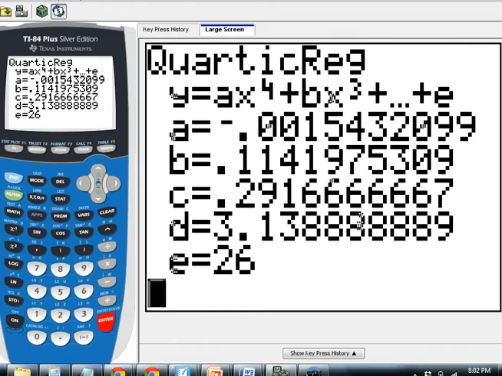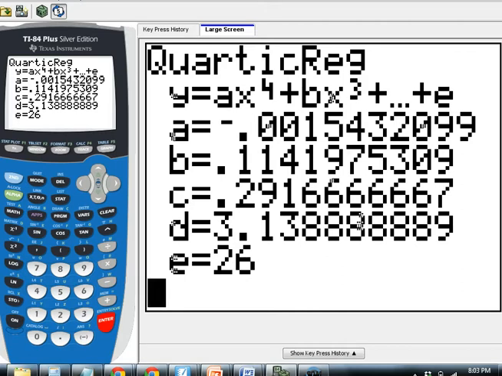So this would tell us real quickly that our equation would be y equals, and I'm just going to estimate here, -0.0015 x to the fourth plus 0.11419 or 1142 x to the third, 0.2917 x to the second plus 3.1389 x to the first plus 26.